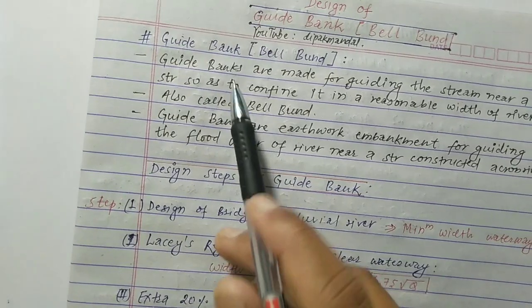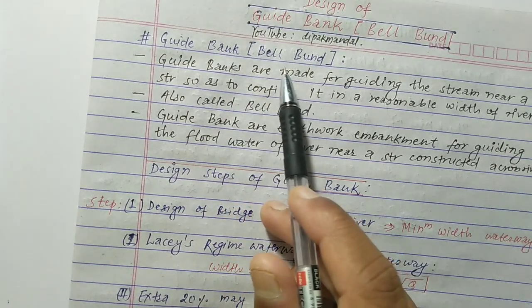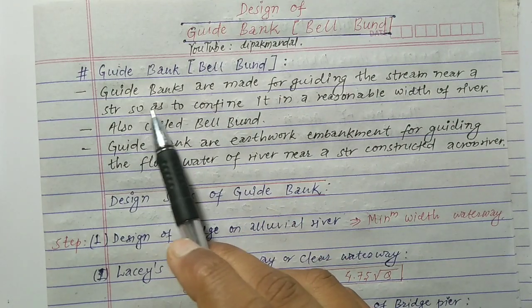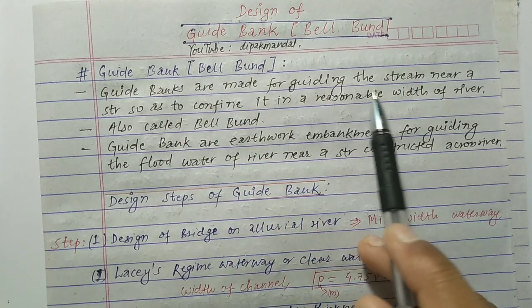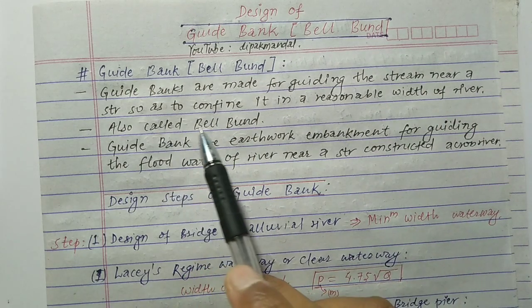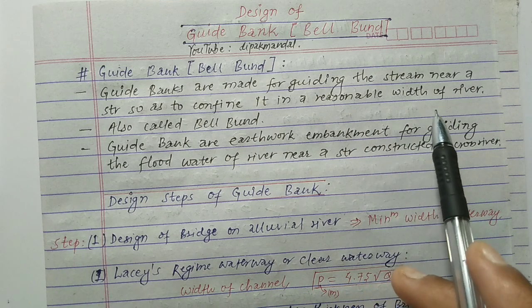for protection. You can see here the guide bank, which is also called bell bond. Guide banks are made for guiding the stream near a structure so as to confine it in a reasonable width of a river.